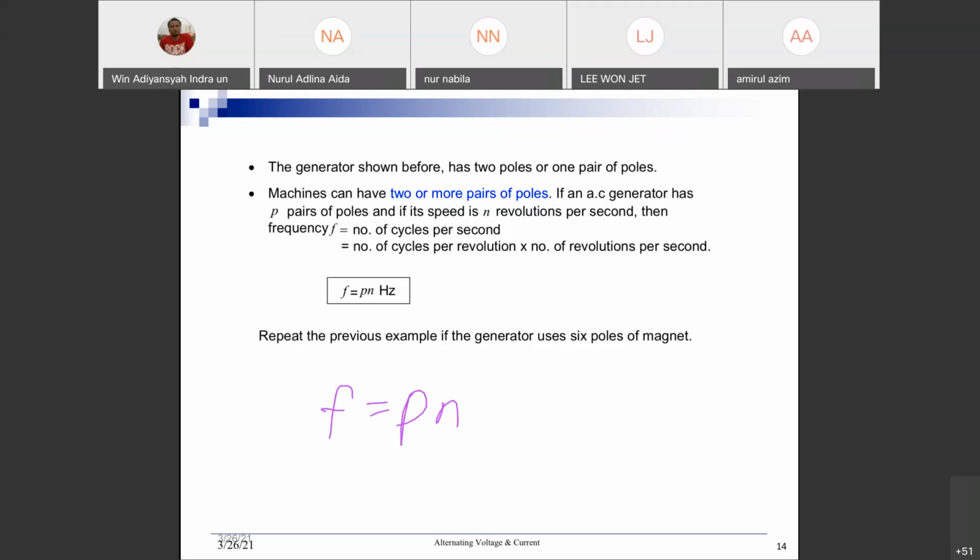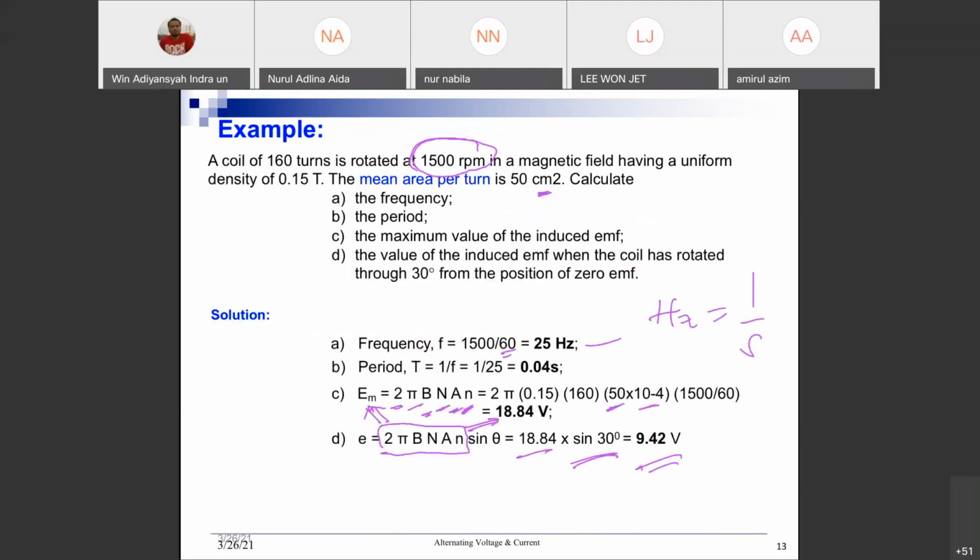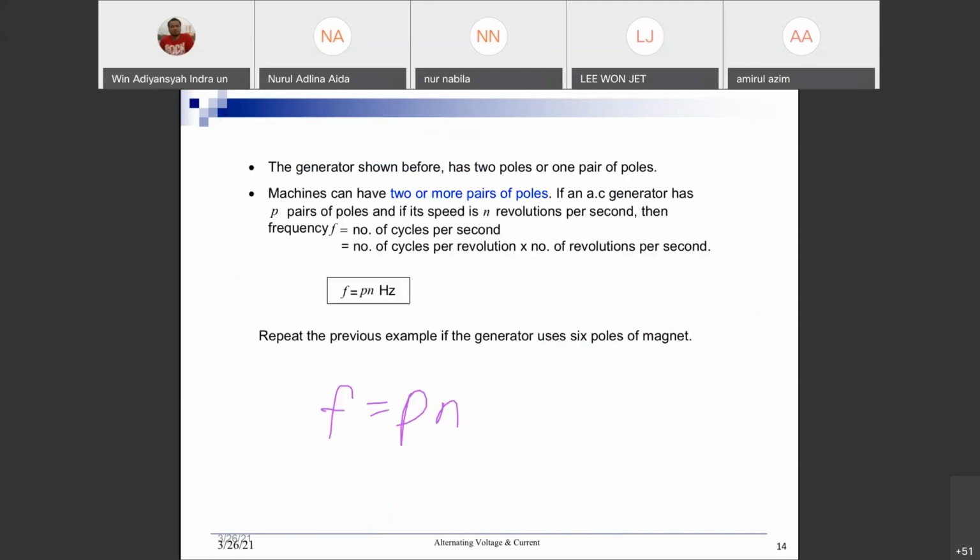Just now, in here, f is 25 hertz, so n is 25. Pole is one, only one pair of poles. But if you see 6 poles of the magnet, then you multiply by 6 here.